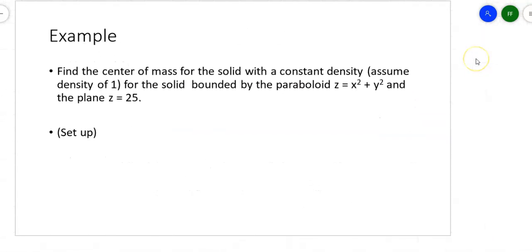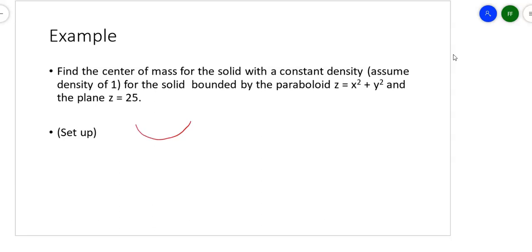All right. So I got a center of mass for a solid with a constant density. The solid is bounded by a paraboloid, and the plane z equals 25 up on the top. What would my mass calculations look like? Well, the mass calculations are going to involve a triple integral, because when I look at this, where are my z values going to go?